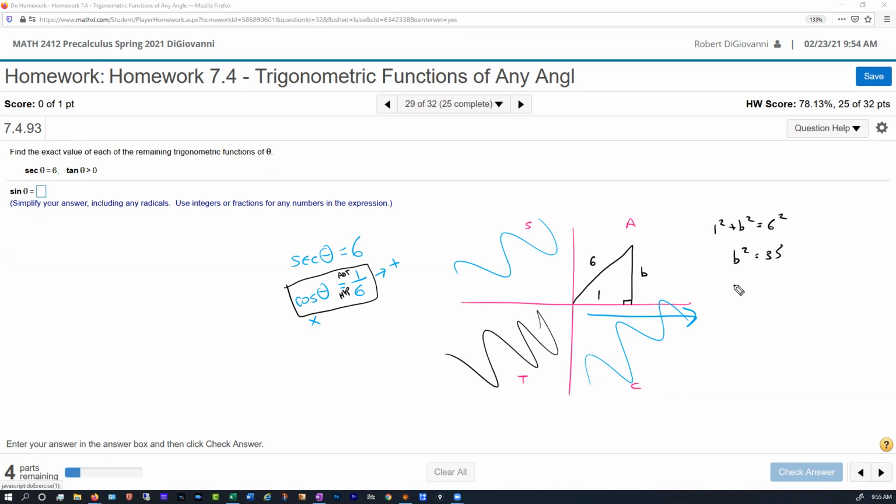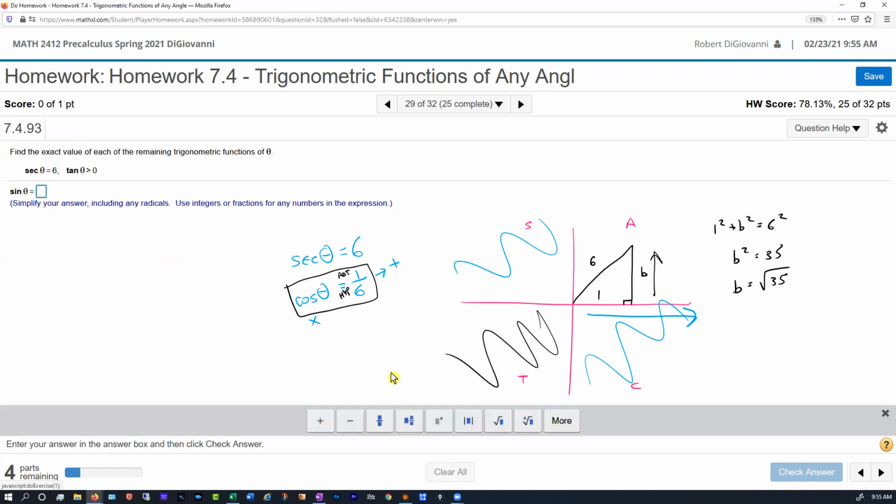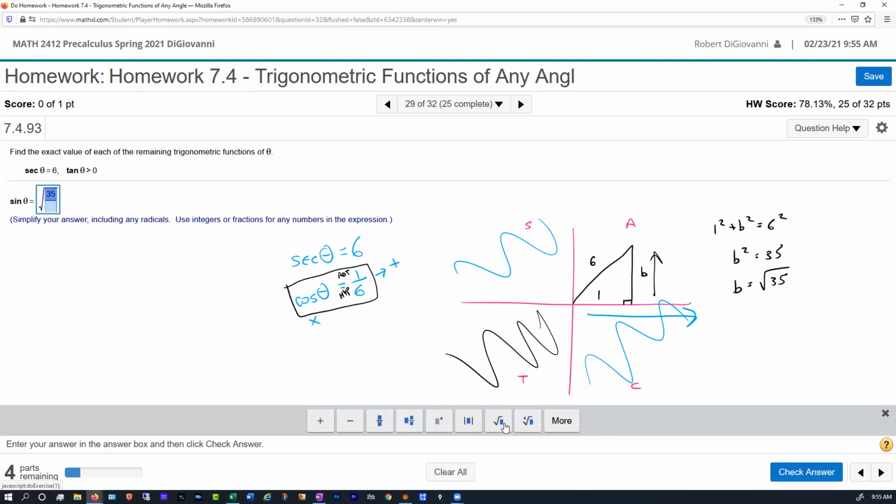And then we have b is plus or minus √35. But I'm going to take the positive because we're going up here. So b is √35. That's our opposite. So sine is going to be the opposite, √35, divided by the hypotenuse 6.